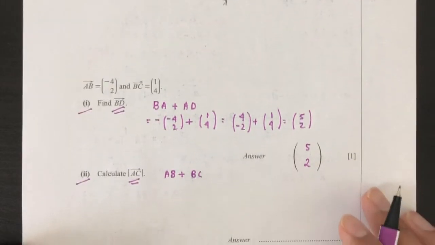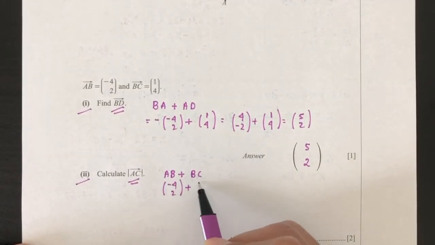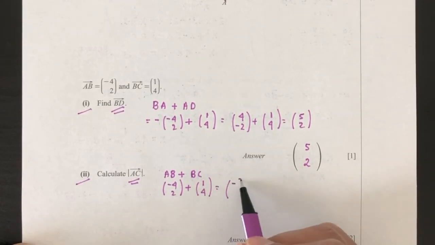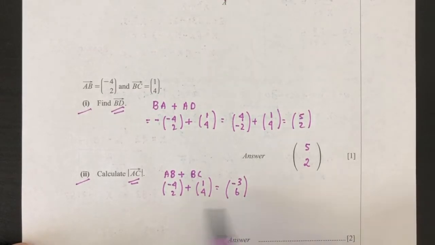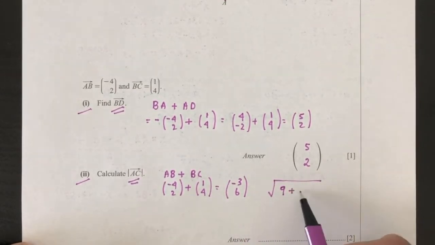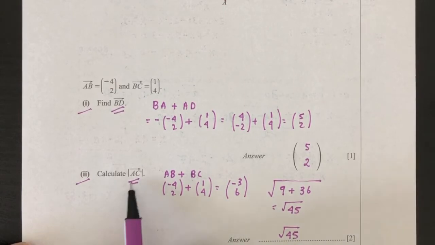AB was given as minus 4, 2. BC is 1, 4. That will be minus 3 and 6. So what is the modulus? 3 squared is 9 plus 36, that will be root of 45. That will be your mod of AC.